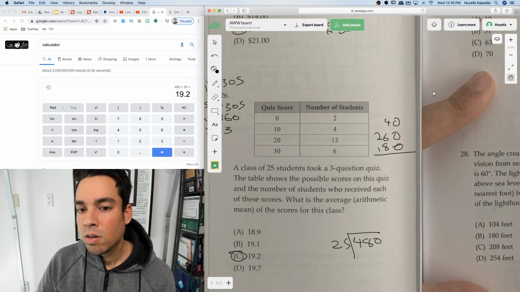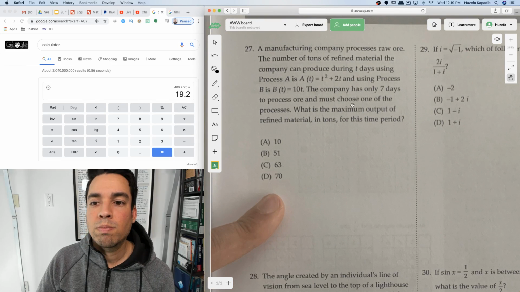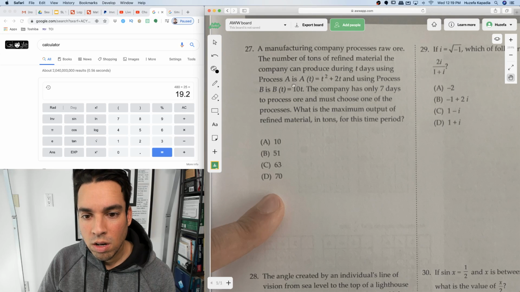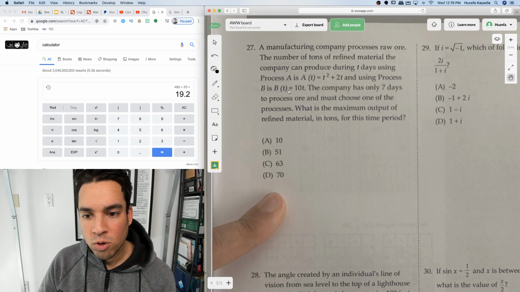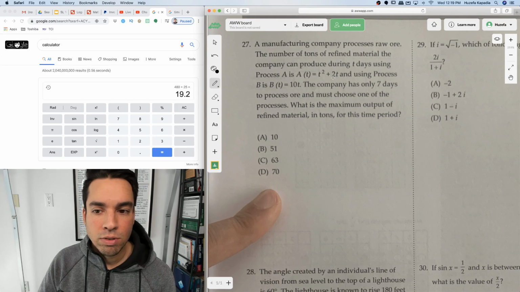Okay, 27. A manufacturing company processes raw ore. The number of tons of refined material the company produces in T days using process A is that, and process B is that. The company has 7 days and must choose one of the processes. What's the maximum output in tons for the time period? So it can choose only one. So plug in 7 for each one, right?